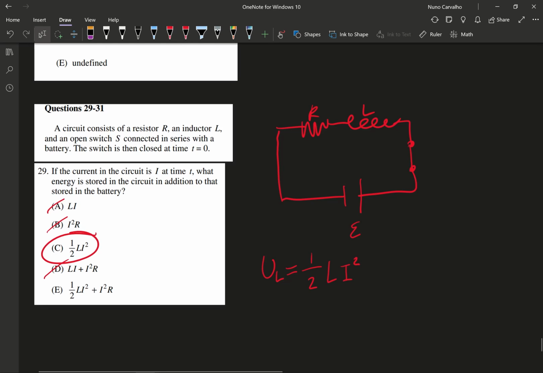And then we are left here with E, which also adds I squared times R, but this here is a power, right? This is a wattage. Which means we're basically adding units that don't actually line up, which is an energy, and we're adding a power, which is a rate of energy with respect to time. So this cannot be the answer either, and so the only one that makes sense is C.